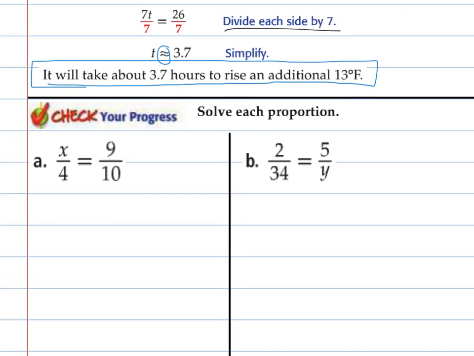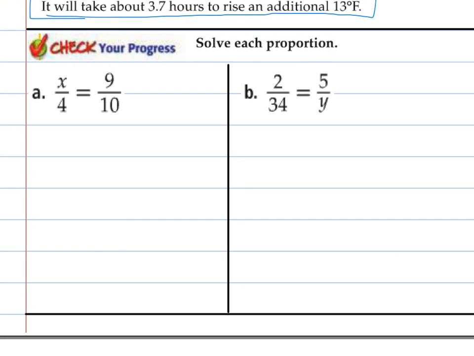Why don't you try these and pause and then come back and check your answers. So it's already set up as a proportion. So I'm going to use my cross products. And I get x times 10. Notice how we should not use x for multiplication anymore because it's a variable. Is equal to 4 times 9.